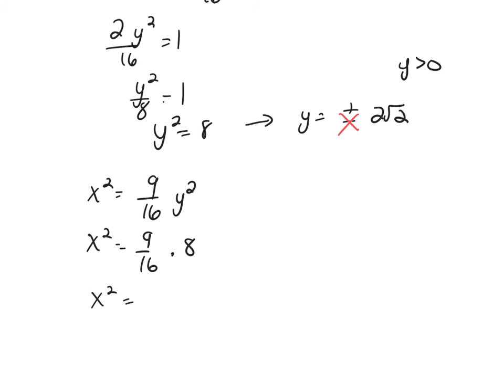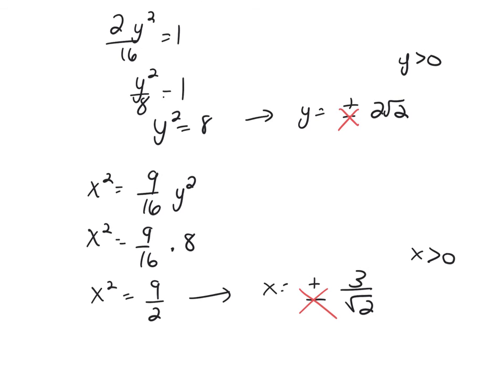So x squared equals 9 over 2. x equals plus or minus 3 over the square root of 2. But again, we were told x is bigger than 0. So we toss out the negative.